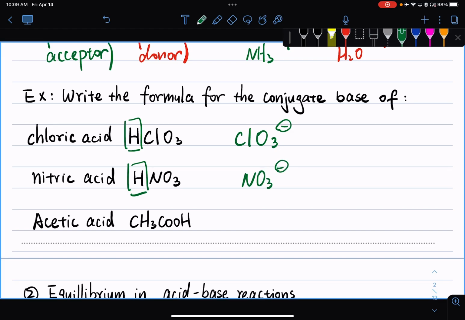And acetic acid, we're losing a hydrogen, and we end up with CH3COO minus. All right, so know how to write the pair of acid and conjugate base, base and conjugate acid. In the general Bronsted acid-base reaction, we're talking about transferring protons between acid and base.